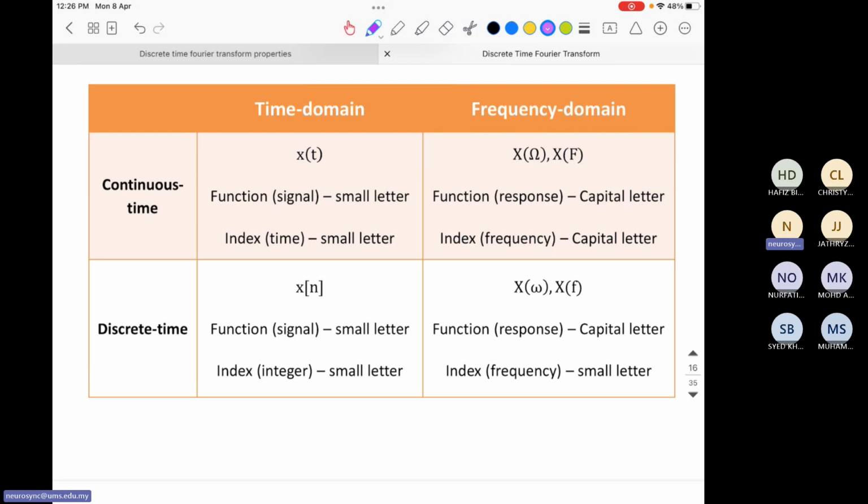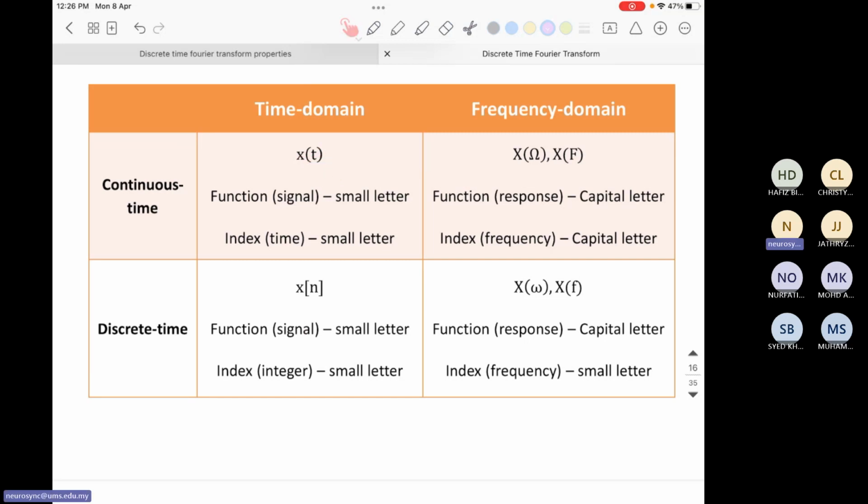If I have a continuous time signal, I can represent it in the time domain and the frequency domain. The continuous time signal in the time domain is x of t. Here x is small and t is small. Please understand these notations are very important. x is the function, in small letter, and t is the index, the time index, also in small letter.